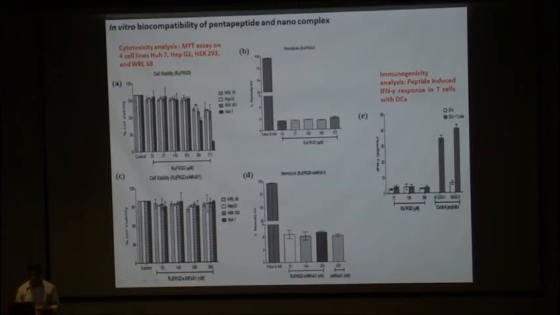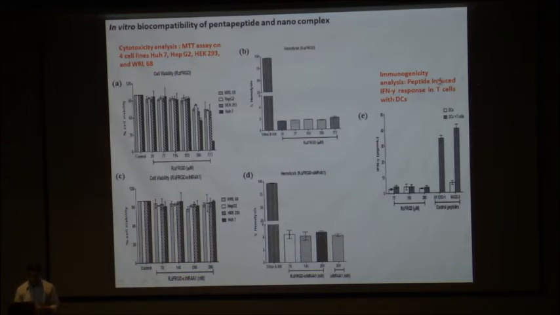In hemolysis also, even at high concentration, they are not producing any hemolysis effect in the system. After incorporation with the siRNA we got similar results. Up to 200 micromolar concentration, no toxicity was observed, and hemolysis was also addressed properly. There was no hemolysis effect after the incorporation.